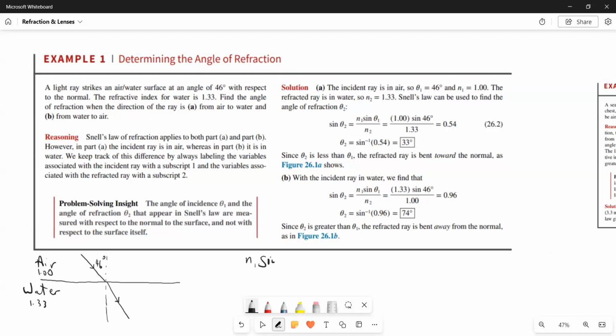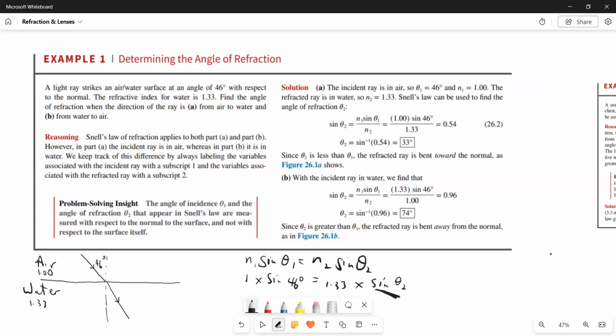N1 sine theta 1 equals N2 sine theta 2, right? So N1 is 1 times sine of 46 degrees equals N2, which is 1.33, times sine of theta 2, which we don't know. So that's what they did.